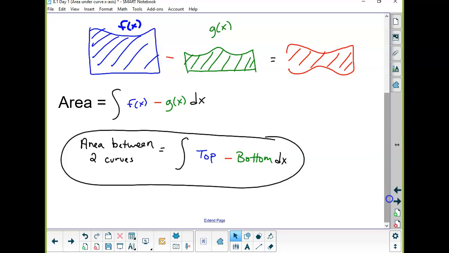Now I will mention that everything we do today is with respect to the x-axis. Okay? Tomorrow or Wednesday, we're going to switch how we view that. So hopefully you're going to become really comfortable with today's work.